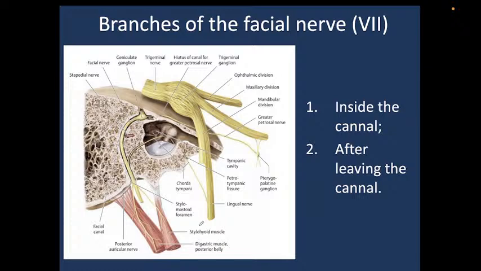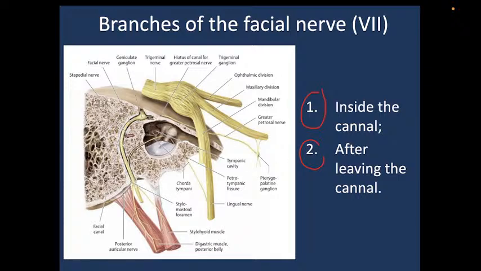We distinguish 2 groups of branches of the facial nerve. The first group is the branches inside the facial canal. The second group is the branches the facial nerve has after leaving the facial canal.